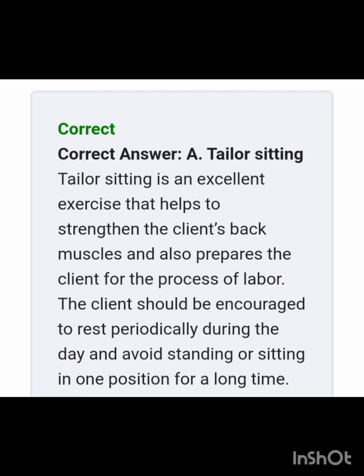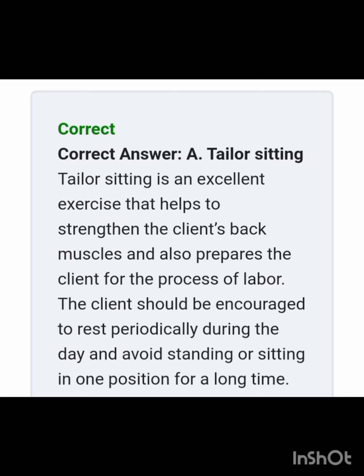By that there is no strain on your backbones, so it reduces the strain on your muscles and causes less pain. The client should be encouraged to rest periodically during the day and avoid standing or sitting in one position for a long time.